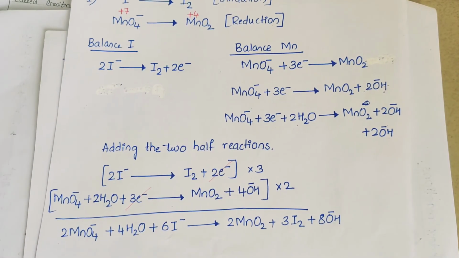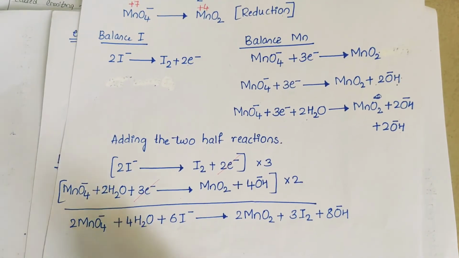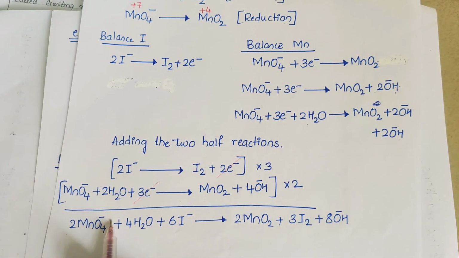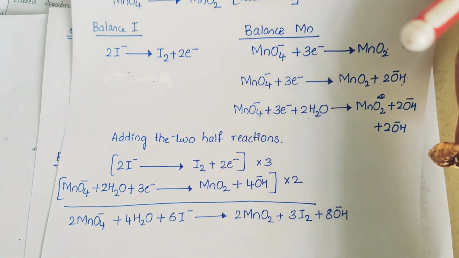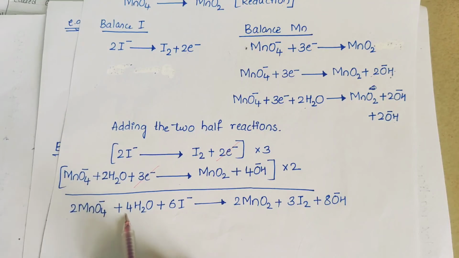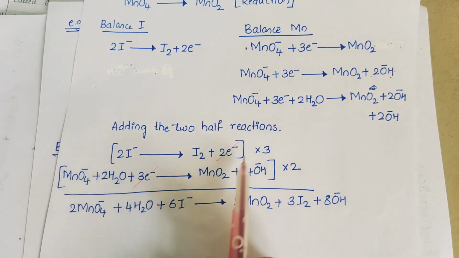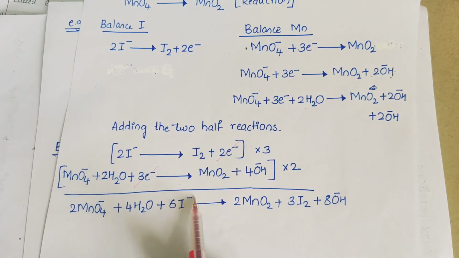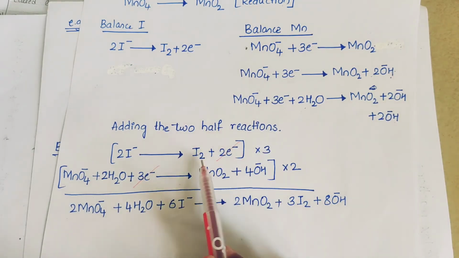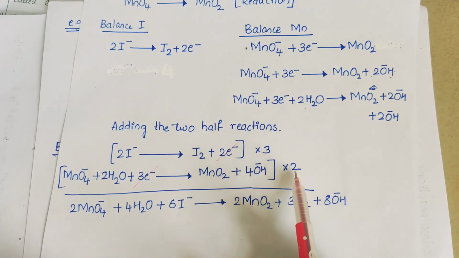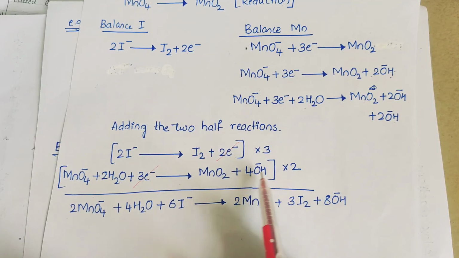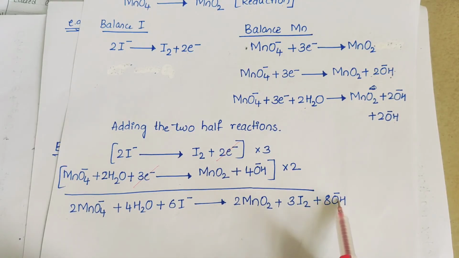So what is left now? 2 MnO4 minus plus 2 2s are 4, 4 H2O plus 3 2s are 6, 6 I minus giving rise to 3 I2 plus 2 MnO2 plus 4 2s are 8, 8 OH minus. So this is the final balanced equation.